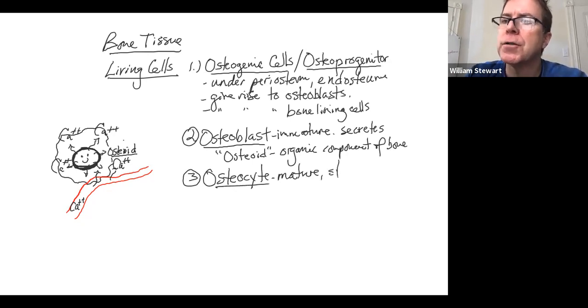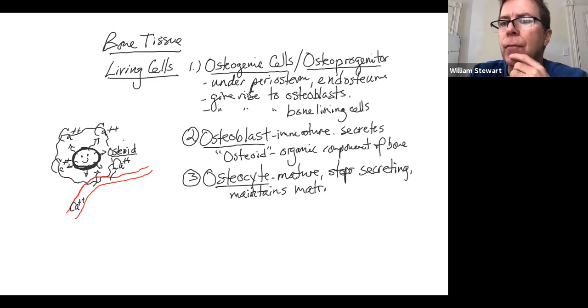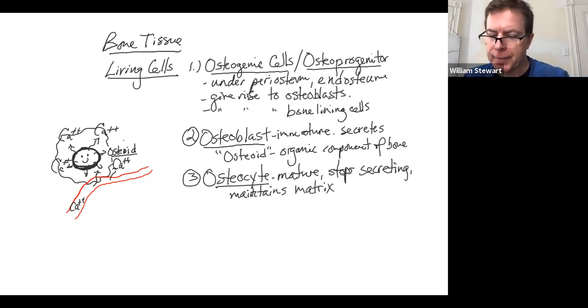It no longer secretes osteoid. And its job as an adult bone cell, or mature bone cell, is to maintain that bone matrix that it once secreted. So maintaining, I'll talk about that.